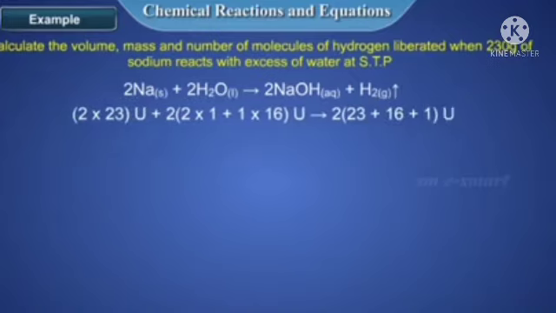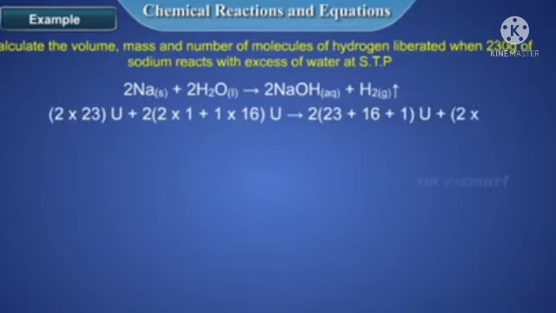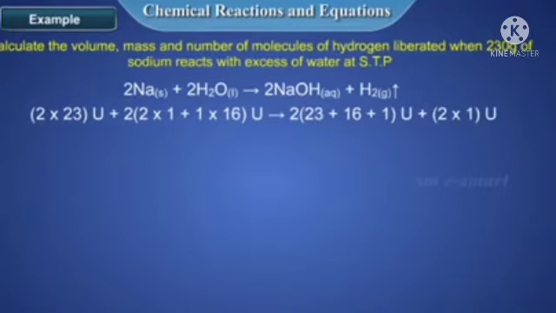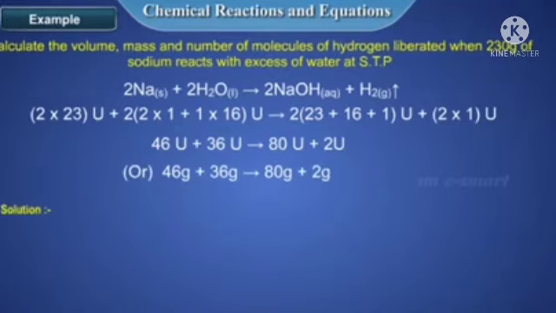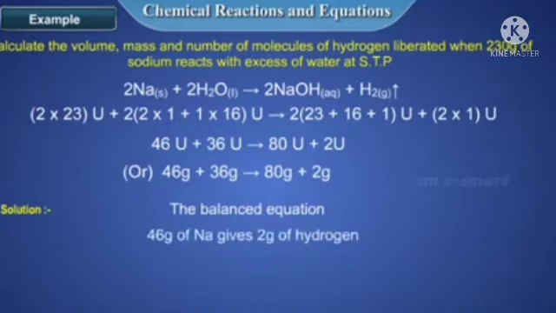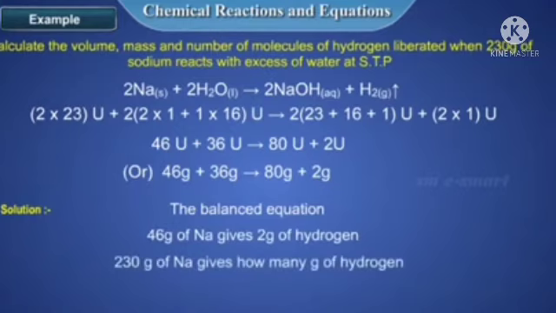Total, substitute it: 2 into 23 units plus 2 into 18 units gives rise to 2 into 40 units plus 2 into 1 unit, or 46 grams of sodium plus 36 grams of water gives rise to sodium hydroxide 80 grams plus hydrogen gas 2 grams.